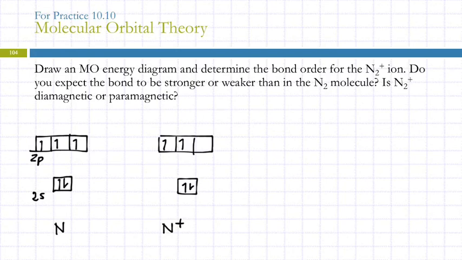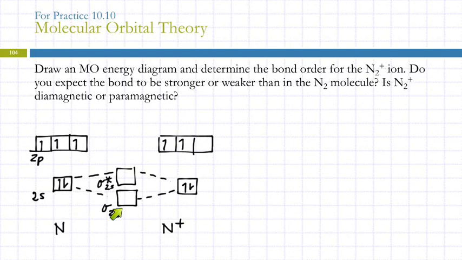And this never works out spatially for me. It's frustrating. So I'm going to put these two pretty close together because I need a lot of space that I don't have for the p orbitals. So when those s orbitals overlap, we get a sigma 2s and a sigma star 2s.